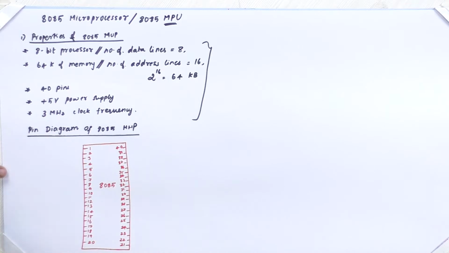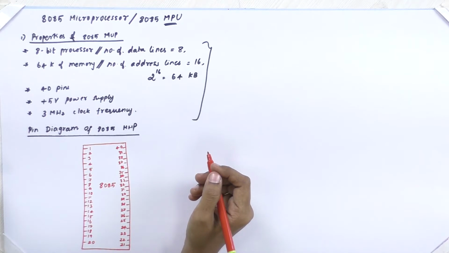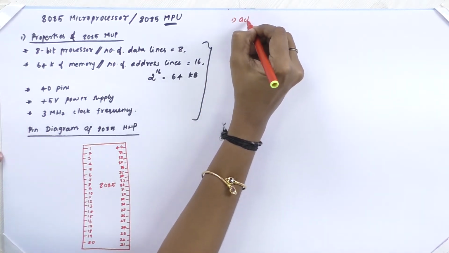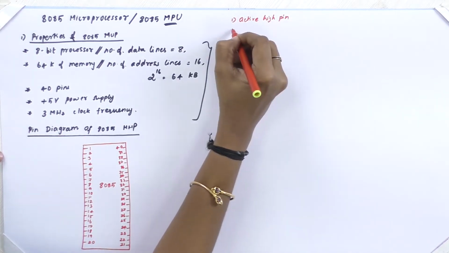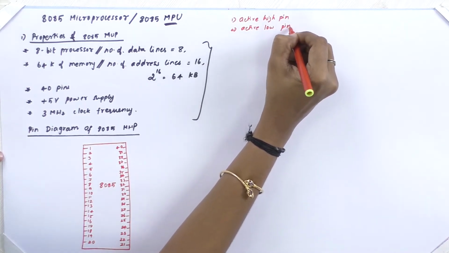Before looking into the pin description, we have to note two important terms used in this pin diagram. The first is active high pin, and the next is active low pin.